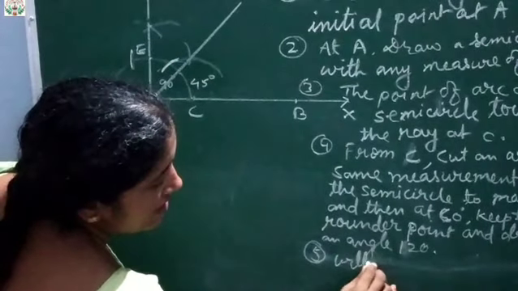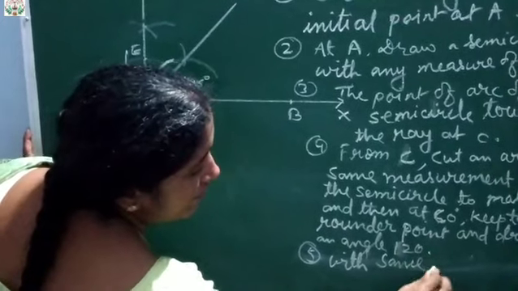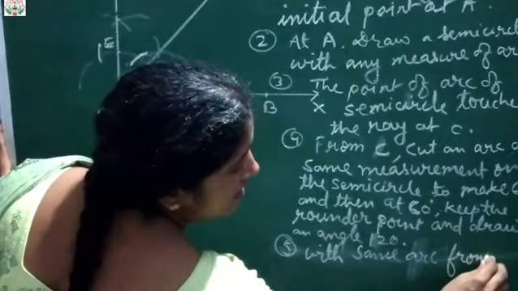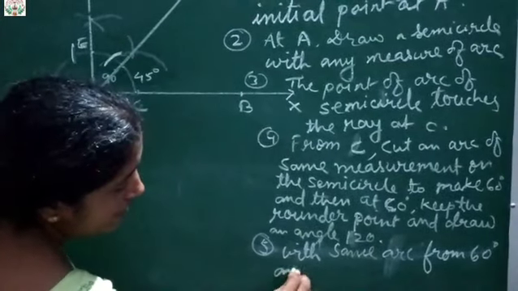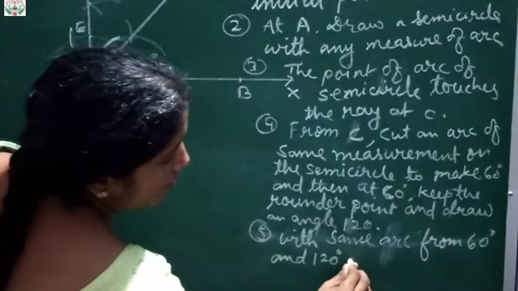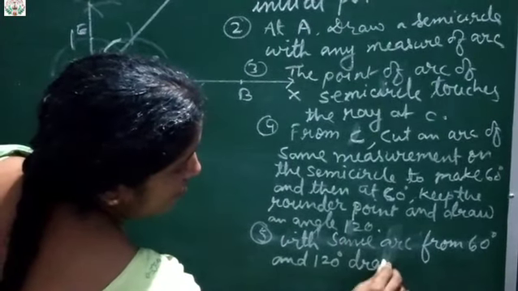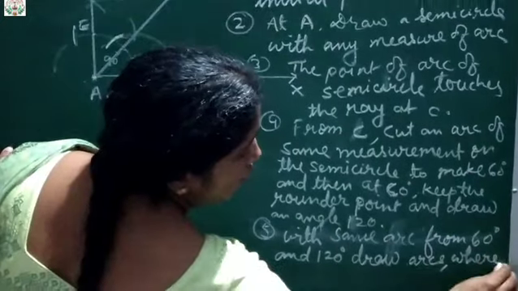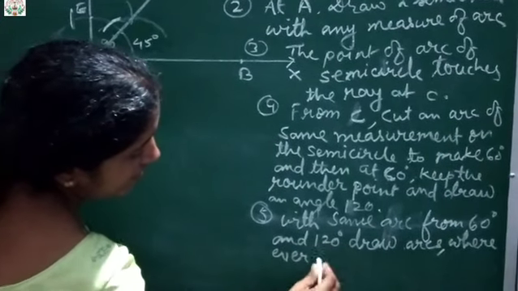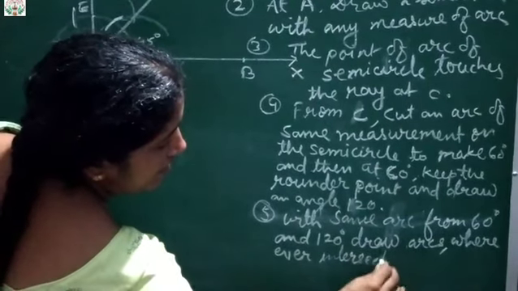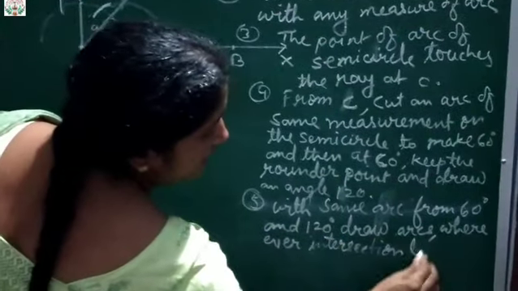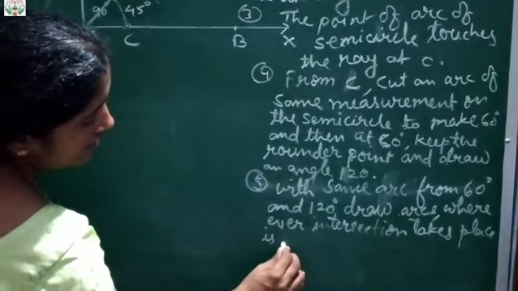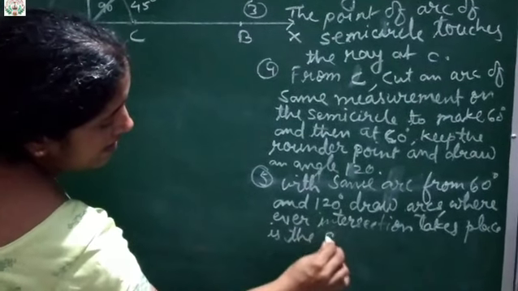Okay, same arc from 60 degree and 120 degree, draw arcs wherever the intersection takes place is the 90 degree.